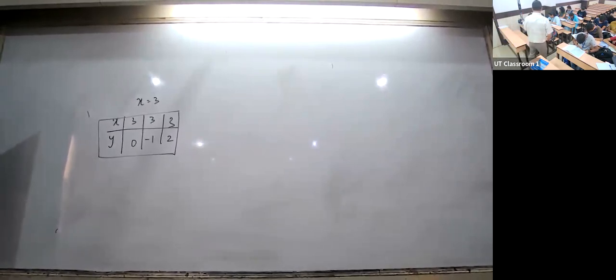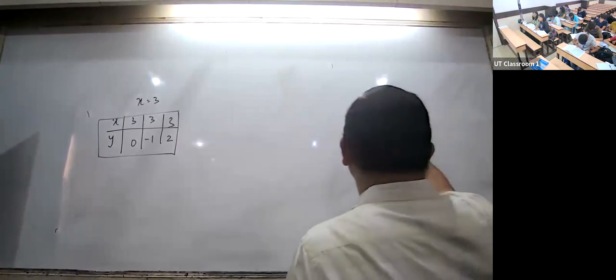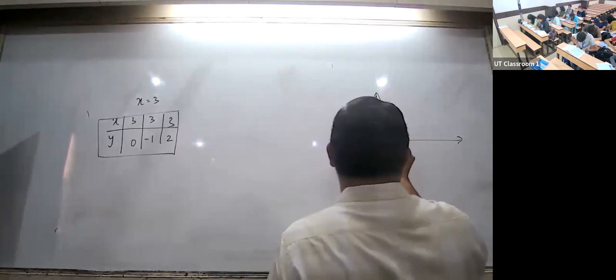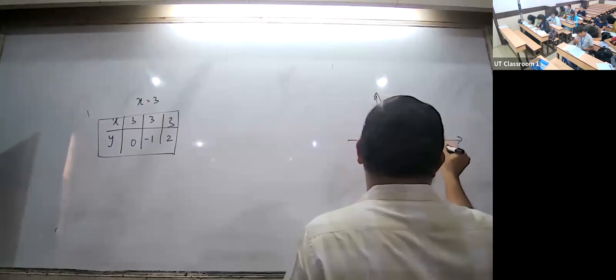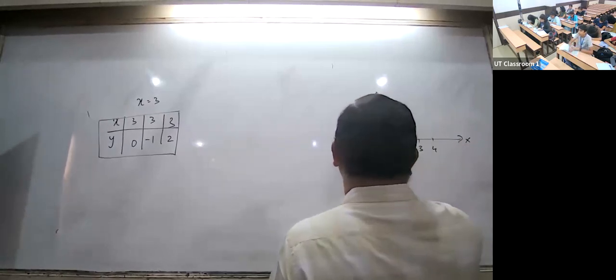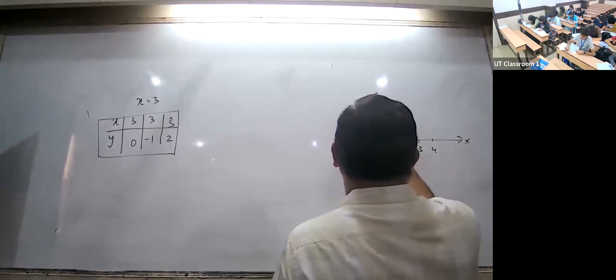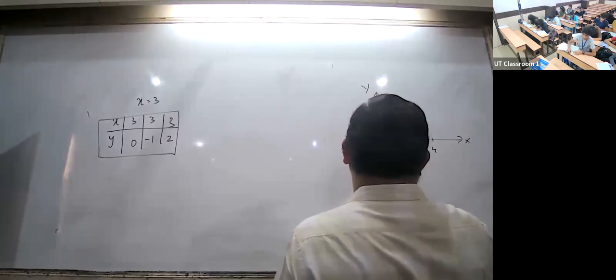Don't use this much. Only a small half graph is required now. Only x equal to 3 now. This much is required. Small. Okay. 0, 1, 2, 3, 4. X, -1. X dash. 1, 2, 3. Y dash. -1.